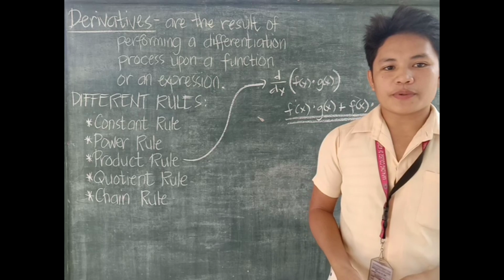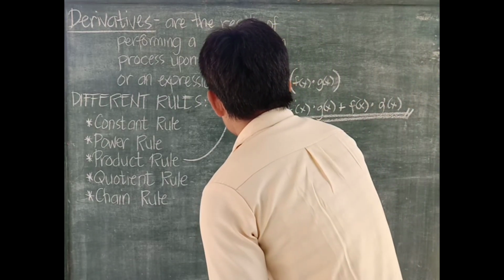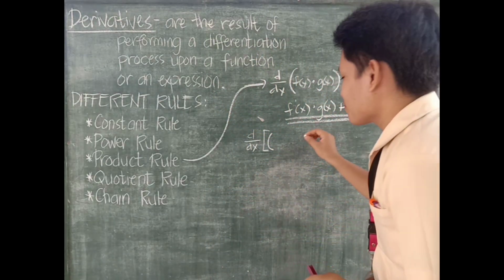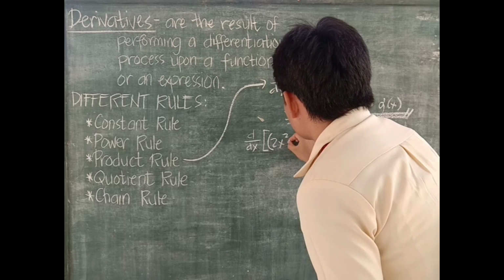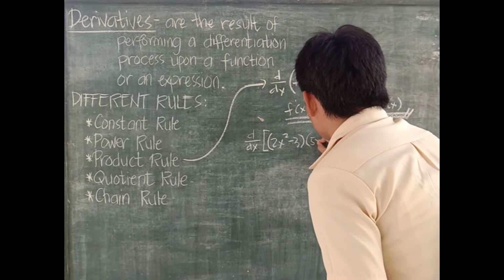Okay, let's say for example, we need to find the derivative with respect to x of 2x squared minus 3 times 5x squared.